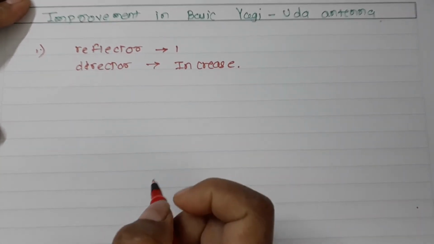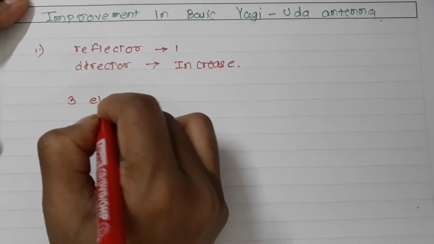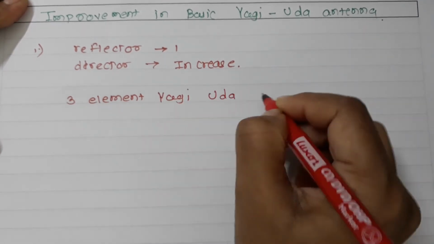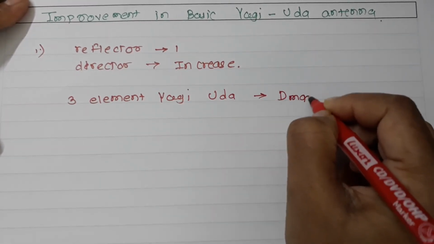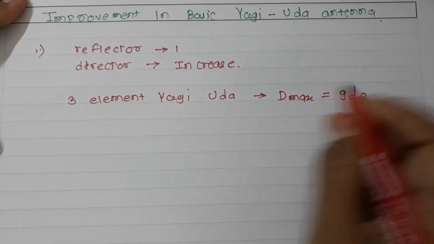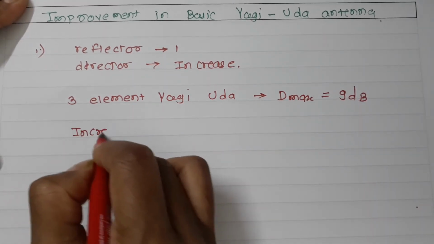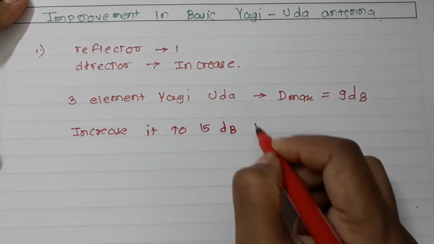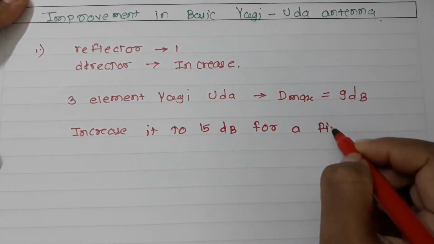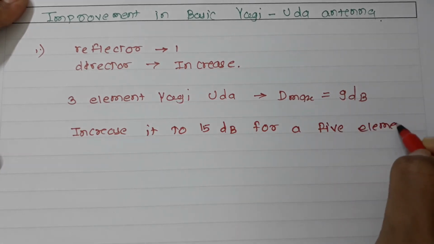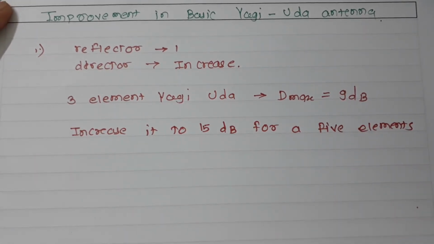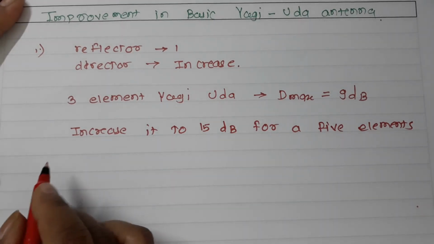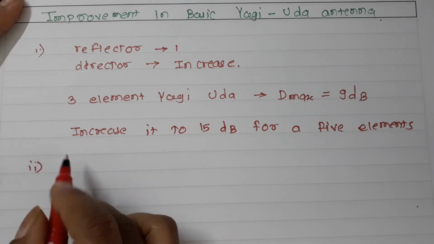So if you are using a 3-element Yagi Uda, the directivity D max will be 9 dB. You can increase it to 15 dB for 5 elements. Here you can have one driven element, one reflector, and 3 directors. How many directors can be used?